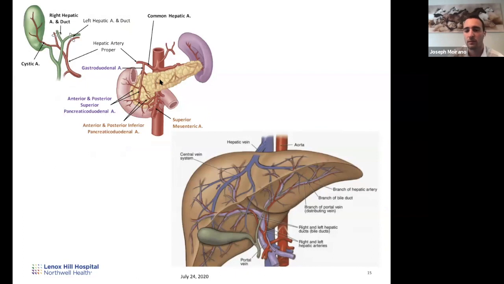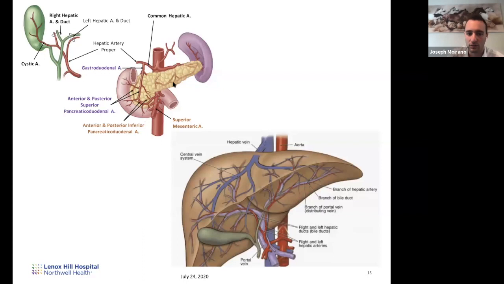An important thing to remember about the pancreas is that it receives blood supply from both the foregut and the midgut. It receives the superior pancreatico-duodenal, which is off the gastroduodenal artery, which is off the celiac, and it also receives from the superior mesenteric artery, which has the inferior pancreatico-duodenal artery coming off it.